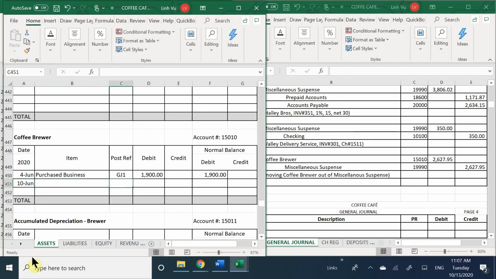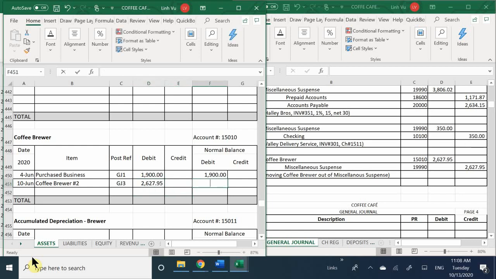You don't need to really place anything, but you can indicate this is coffee brewer number 2. General journal number 3. And we debited the account by 2627.95.